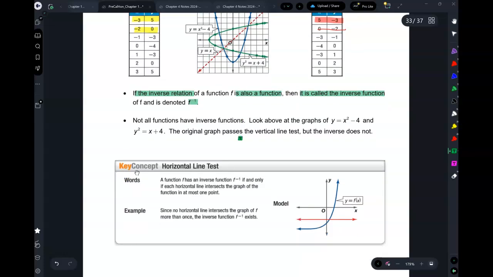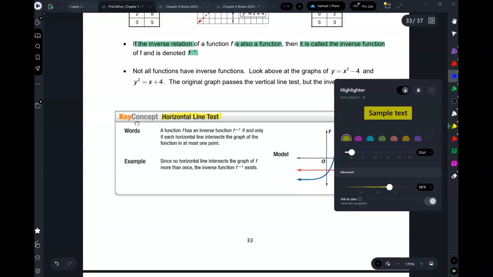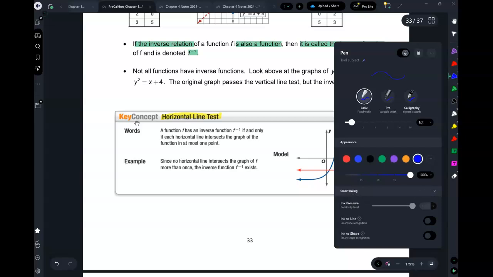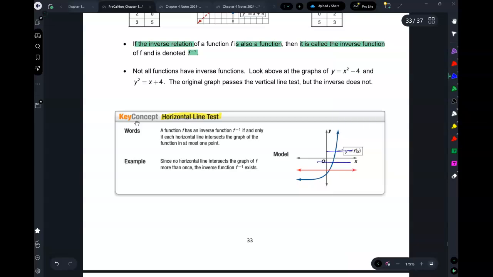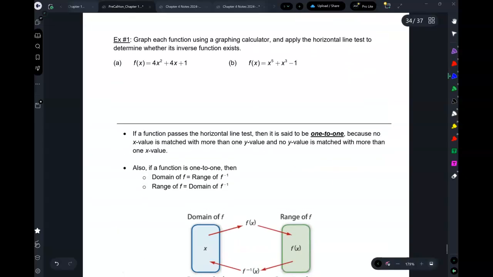You all were just saying we can figure that out using the horizontal line test. This function passes the horizontal line test, so its inverse would also be a function. So we say this blue has an inverse function. That's how we say it.